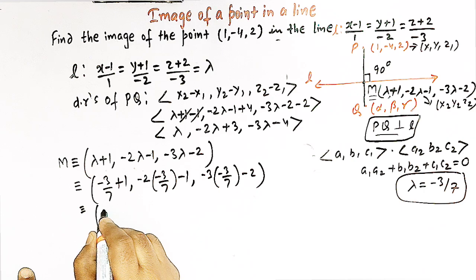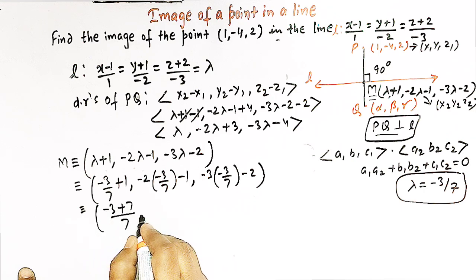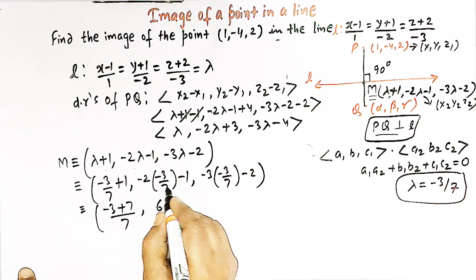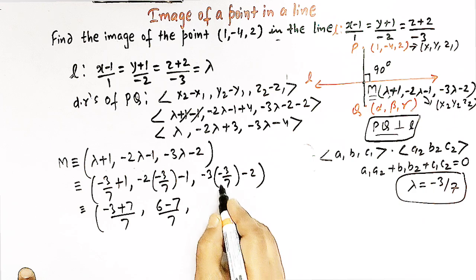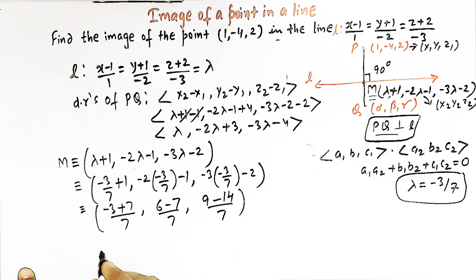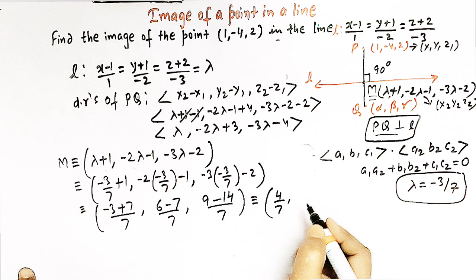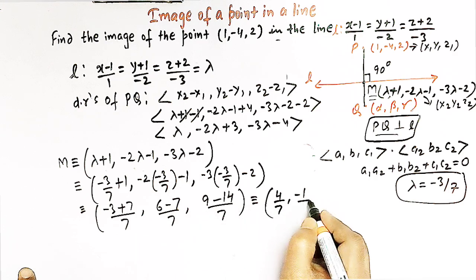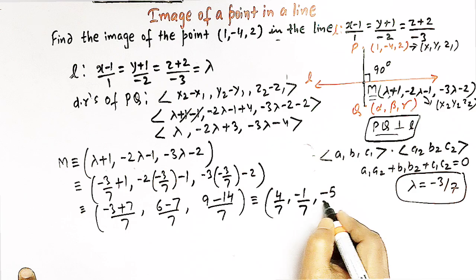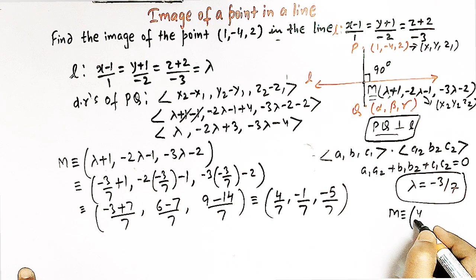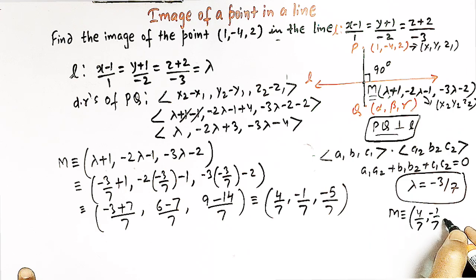So now we have minus 3 plus 7 over 7, and here we have 6, since minus 2 times minus 3 is 6. Then we have minus 7 over 7, and here we have 9 and minus 14 over 7. So now 7 minus 3 is 4, so 4 over 7, this is minus 1 over 7, and this is minus 5 over 7. So the coordinates of the point M are given by 4 over 7, minus 1 over 7 and minus 5 over 7.